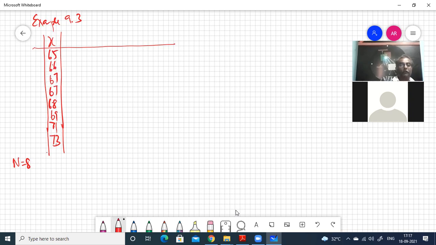Now you don't have to find out sigma x and all, so you need not bother about that. Now you have to assume the mean A for this data. 65, 66, 67. Let us assume 67. You can assume 68 also, but we'll assume 67. Now what you have to do? d of x i is equal to x minus a.